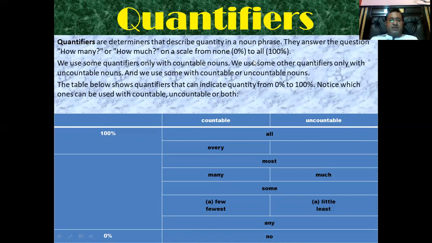But for 0%, there is only no. With countable nouns you can use many, few and fewest, while with uncountable nouns, much, a little and least can be used. On the other hand, all, most, some and any can be used for both countable as well as uncountable nouns. And if there is none, or 0%, then no will be used.